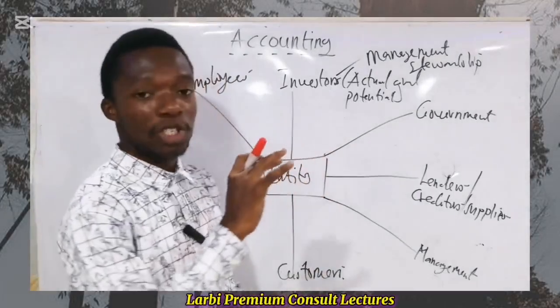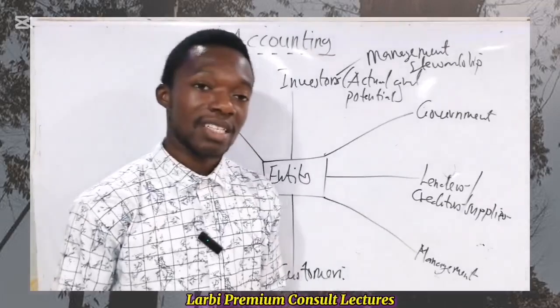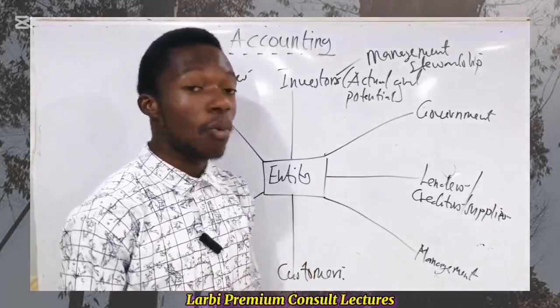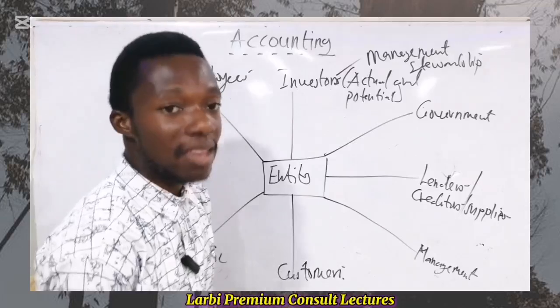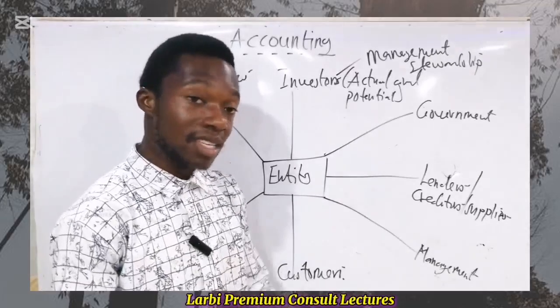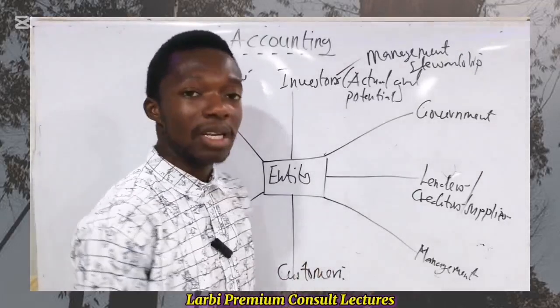So management stewardship is one of the key things that investors need from the financial information, and they also need it to know whether the business can pay them their dividend. The dividend here is called profit. When they make profits, how can they pay these investors?